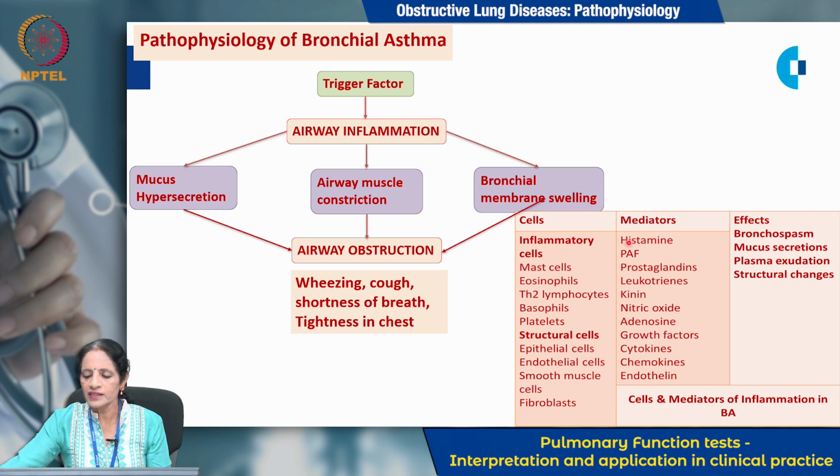And amongst the mediators, as I already told you, histamine, platelet activating factor, prostaglandins, leukotrienes, kinins, nitric oxide, growth factor, cytokine, chemokine, and these are the major effects, that is the bronchospasm, mucus secretion, plasma exudation and structural changes. So, these form the important cells and mediators of inflammation in bronchial asthma.